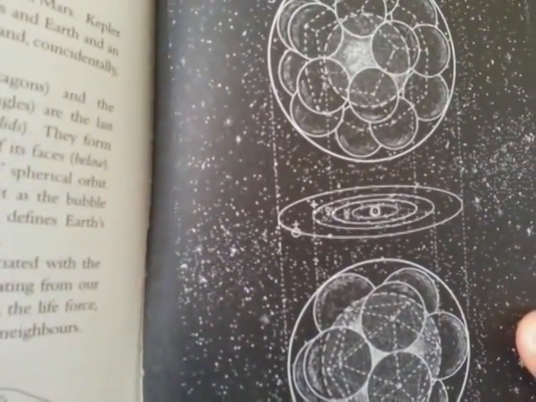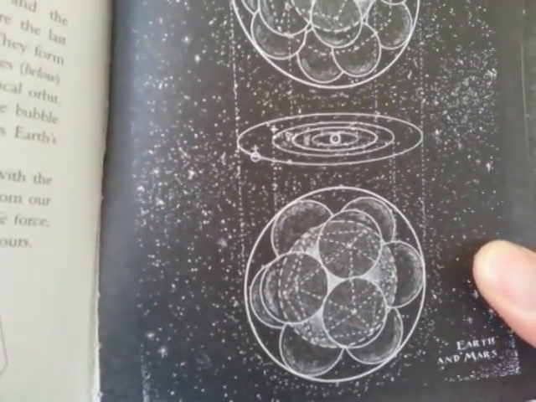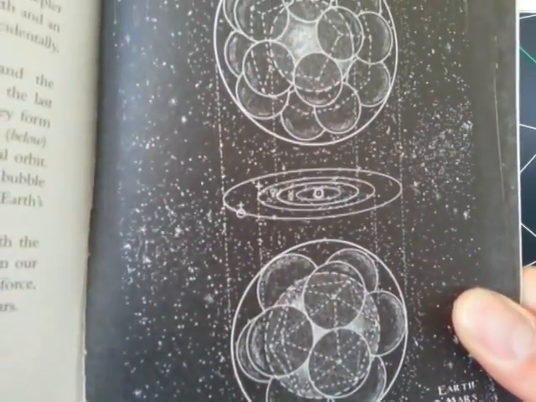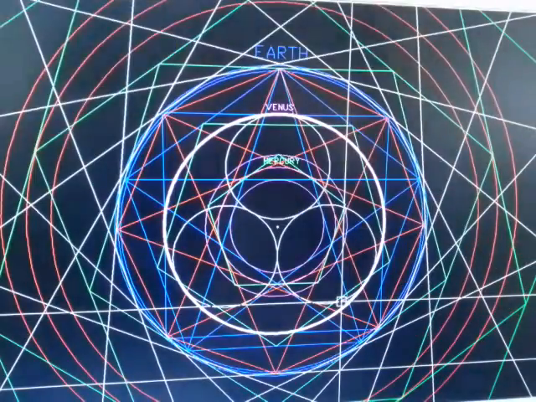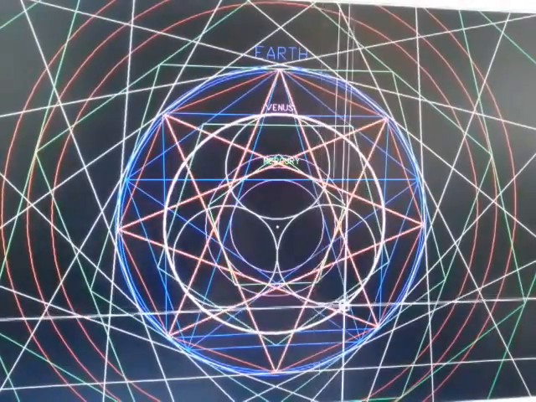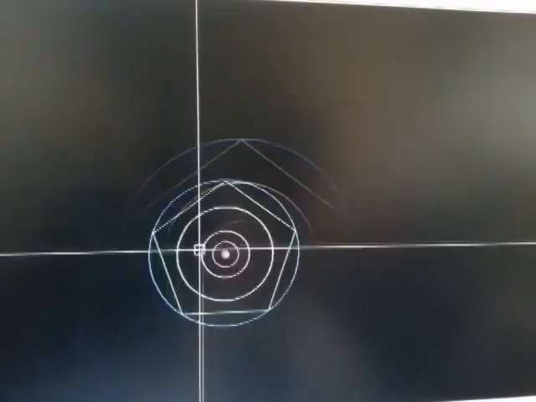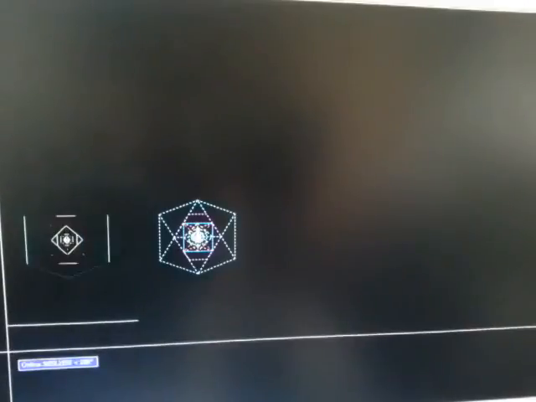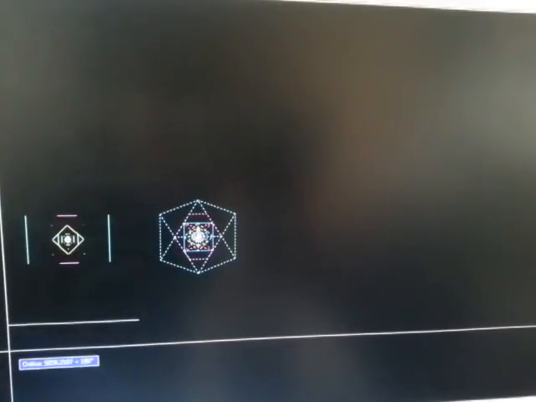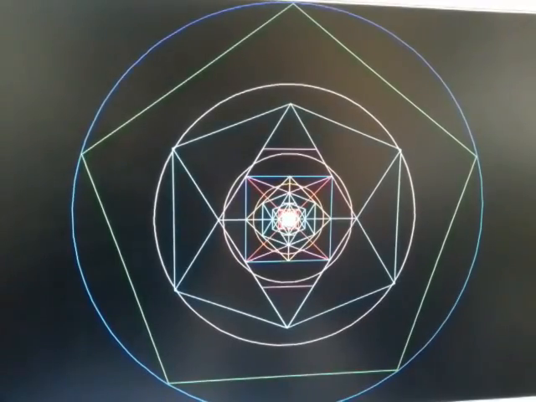Find the orbits of Earth and Mars, sorry, to be a dodecahedron and an icosahedron. I've also plotted out planets in a three-dimensional shape that you might like to see.